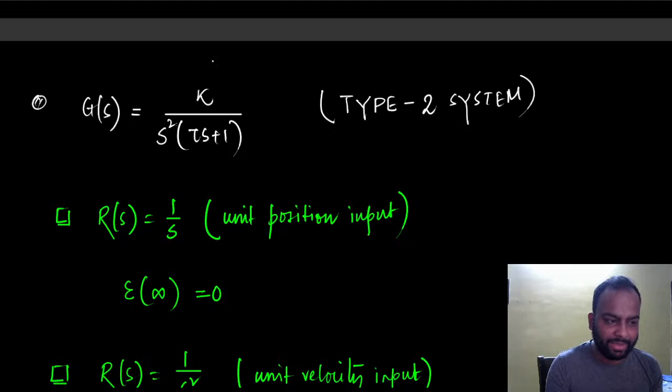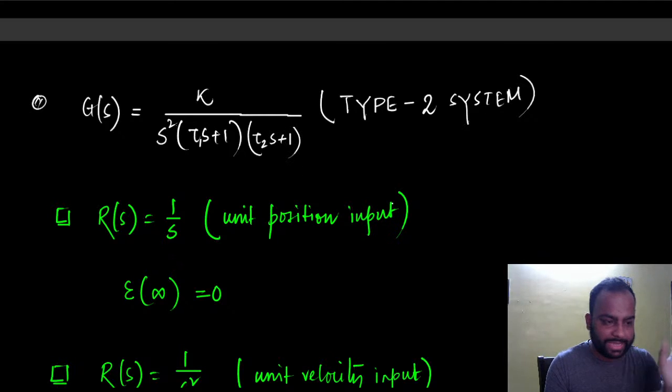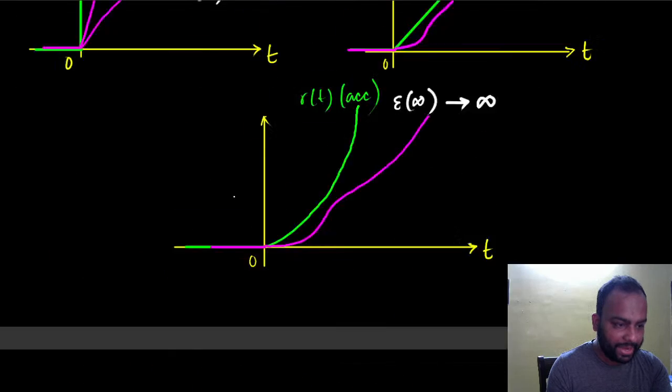If I put this in the forward path and close the loop, this will be an unstable system because it will violate the necessary criteria in the Routh table. So for my conscience, I'm going to write this as something like this. But again, the calculation will be the same. You're just calculating the limits, so it won't matter.